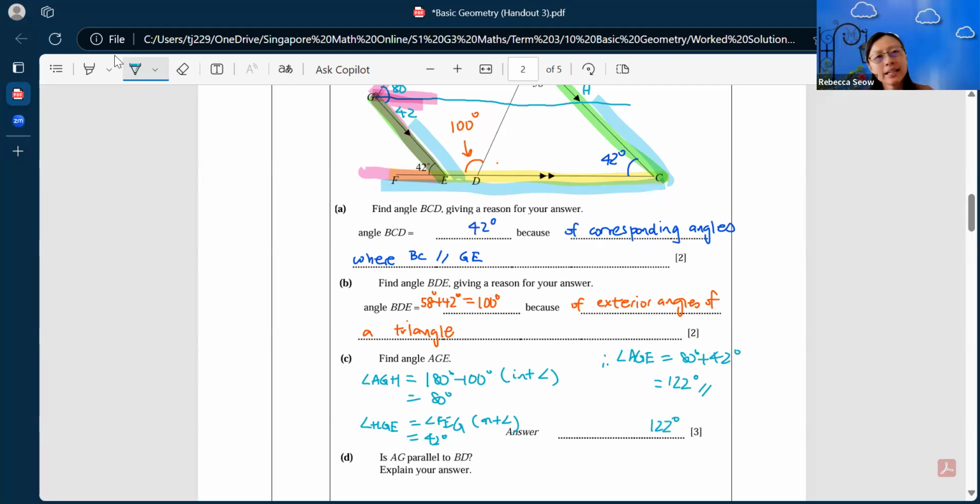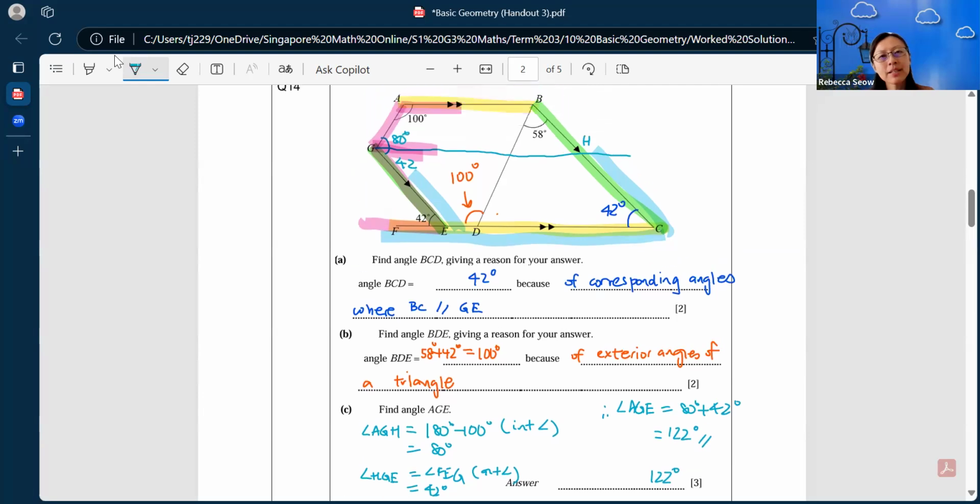Finally, is AG parallel to BD? Okay, so now we want to find out whether they are parallel. So what are some properties that we are able to consider before we know if something is parallel?